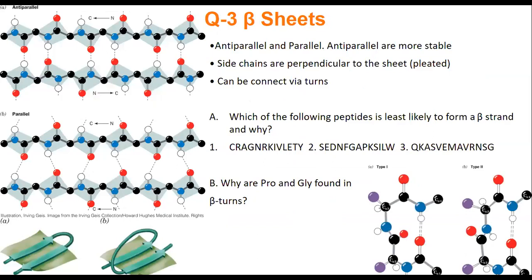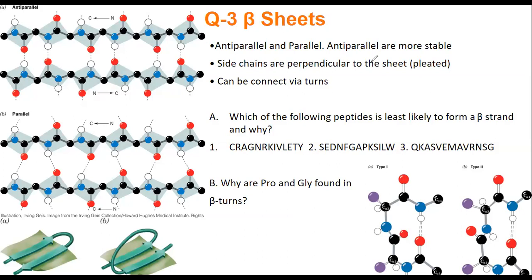So the next type of secondary structure we're going to look at are beta sheets. There are two types of beta sheets: parallel or anti-parallel. The words parallel and anti-parallel go with the direction of the N to C terminus.